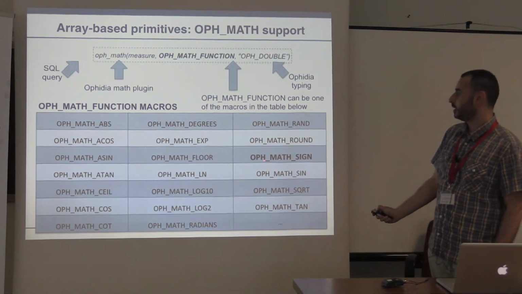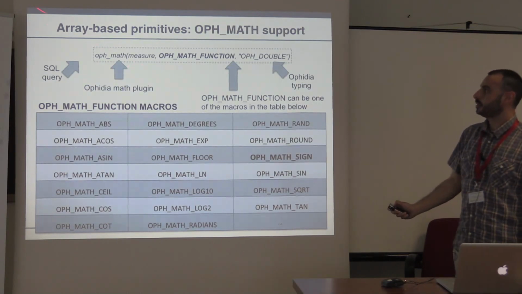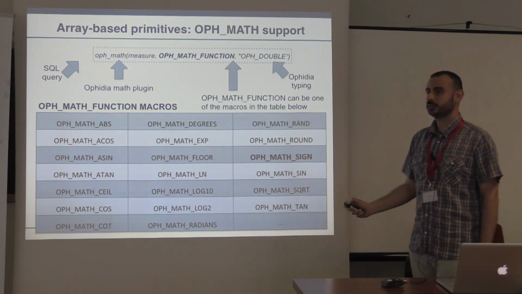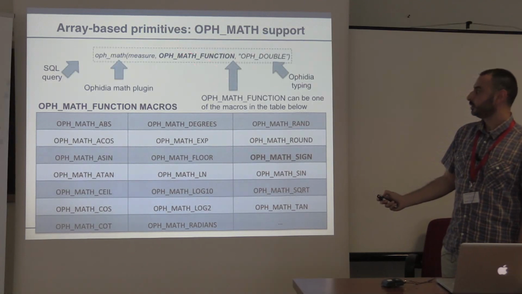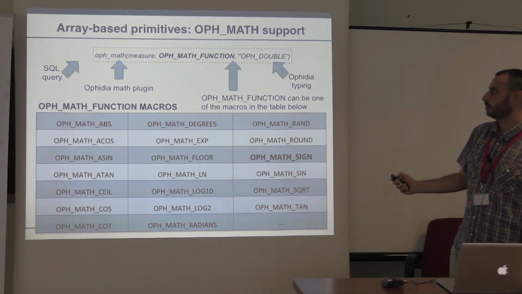The sign is one of these. And this is the way you can launch the OPH map primitive: the measure macro. So for example, OPH map sign and the type.